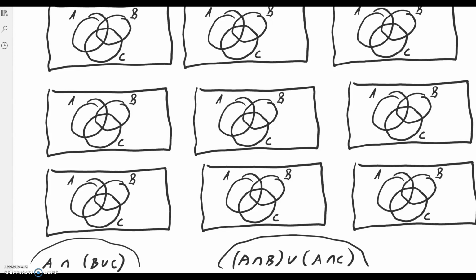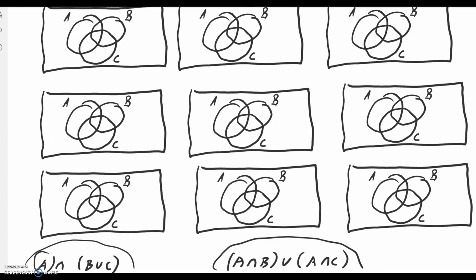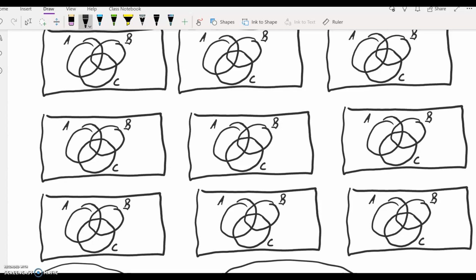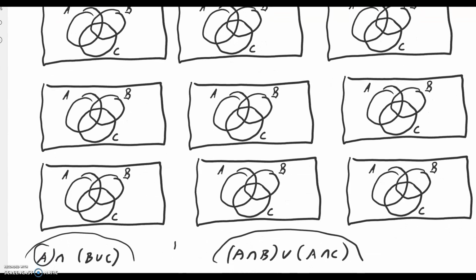So we have the intersection of two things, A and B union C. I'm going to not erase my work. I'm going to take, and this is A, and this is B union C. It's everything in B combined with everything in C. And now I want the intersection of these two things. I want where they overlap.